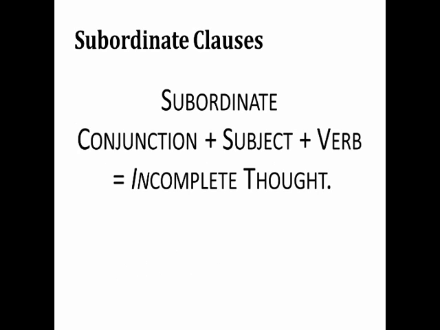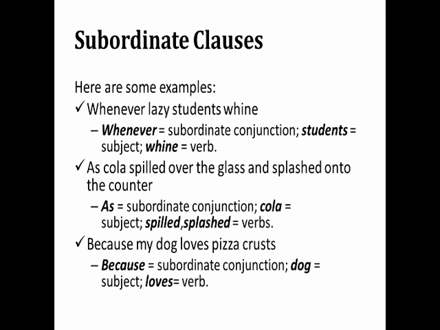Next type of clause is the subordinate clause or the dependent clause. Here is the formula. You have the subordinating conjunction plus the subject plus the verb, which equals an incomplete thought, because most subordinate clauses don't have a complete thought. Next up, here are some examples. Whenever lazy students whine: you have the subordinating conjunction, which is whenever. You also have students as your subject and you have whine as your verb.